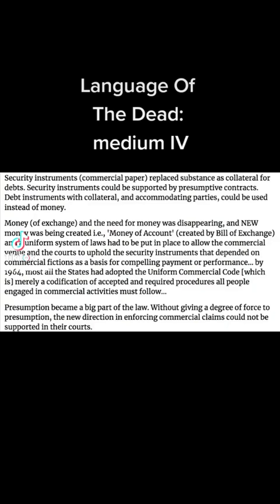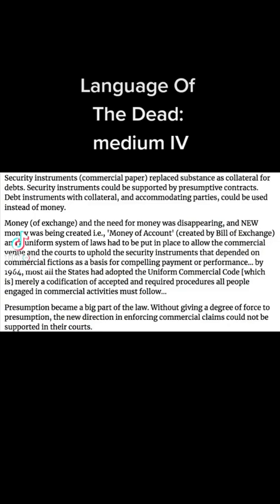Debt instruments with collateral and accommodating parties could be used instead of money. Money of exchange and the need for money was disappearing, and new money was being created, i.e. money of account, created by bill of exchange, and a uniform system of laws had to be put in place to allow the commercial venue and the courts to uphold the security instruments that depended on commercial fictions as a basis for compelling payment or performance.